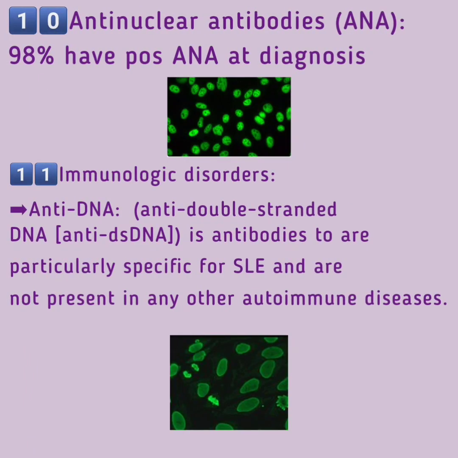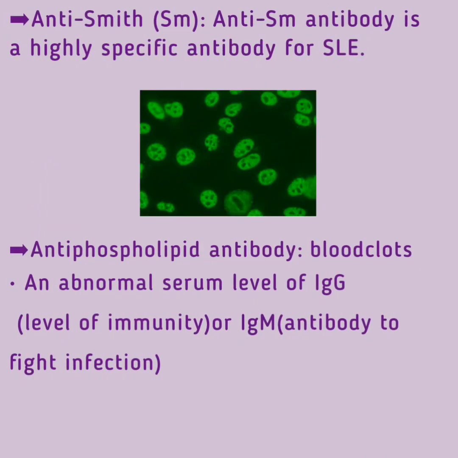Number 10, anti-nuclear antibodies, ANA. Immunological disorders: the anti-DNA, anti-double-stranded DNA, the anti-Smith, and anti-phospholipid antibodies, which are all linked to SLE.